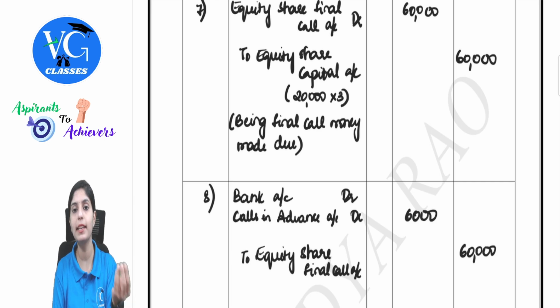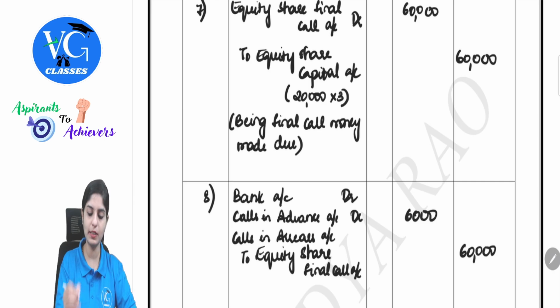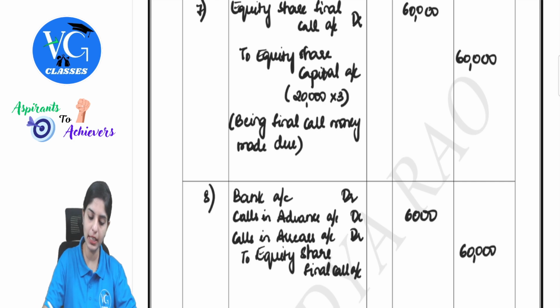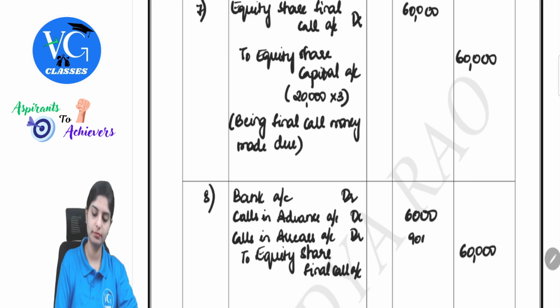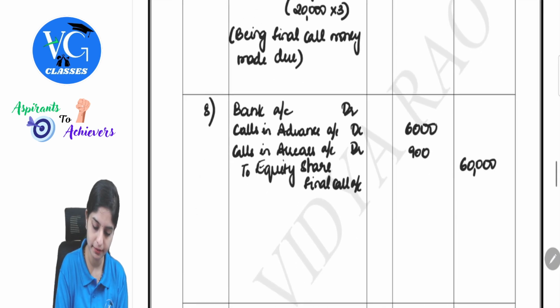Next, the question confirms that there were two sets of shareholders who didn't pay the call money. So that is nothing but their calls in arrears. It is a receivable. So therefore I am debiting calls in arrears account. One was holding 200 shares, other was holding 100 shares. So totally 300 shares with respect to call money 900. Understood this? Now how much will go to bank? Just a minute.